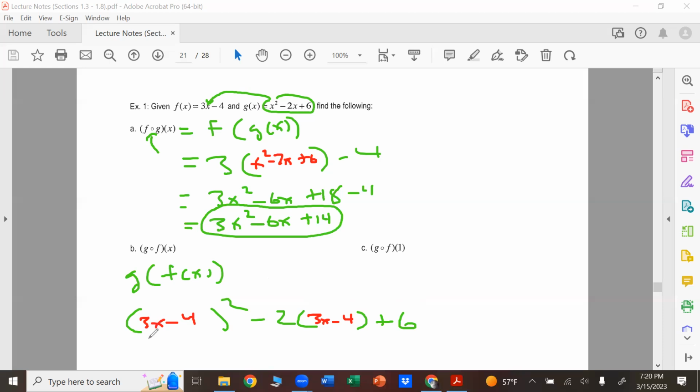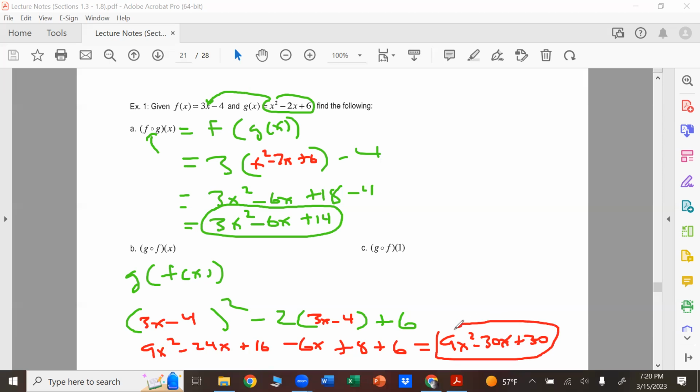When we work that out, you should get 9x squared minus 24x plus 16, minus 6x plus 8, plus 6. And we'll just simplify it. You should get 9x squared minus 30x plus 30, I think. Yeah, plus 30. Easy peasy, right? There you go.